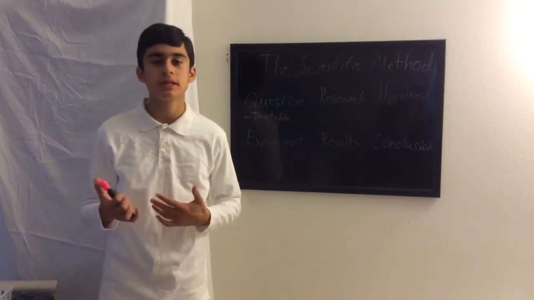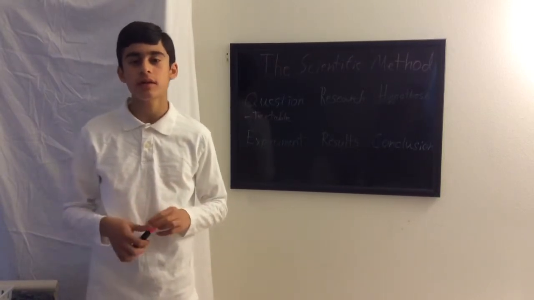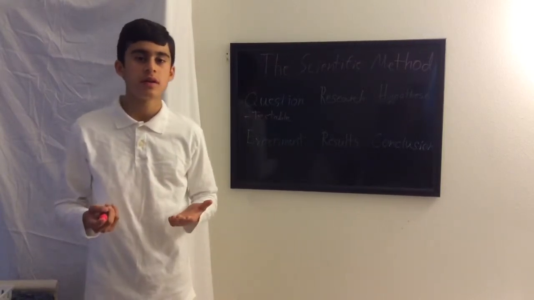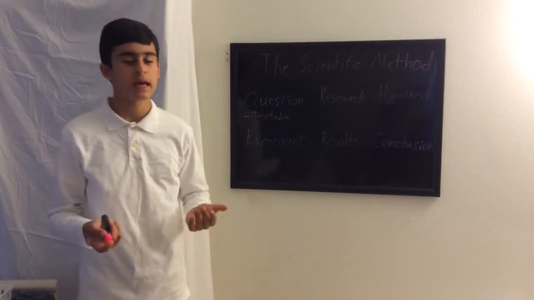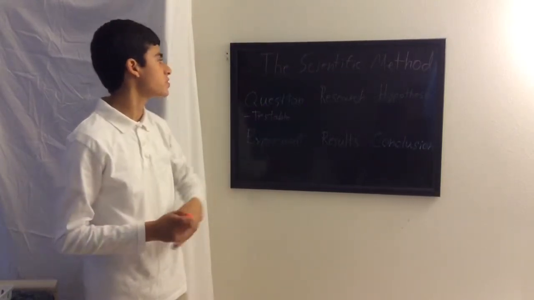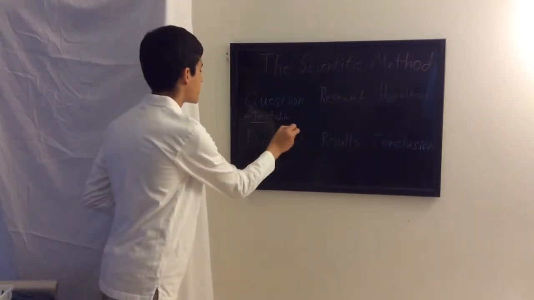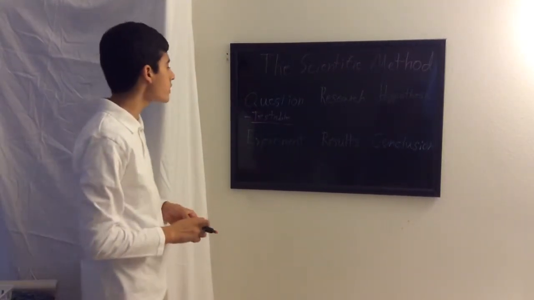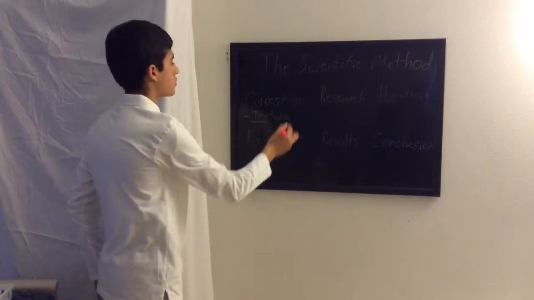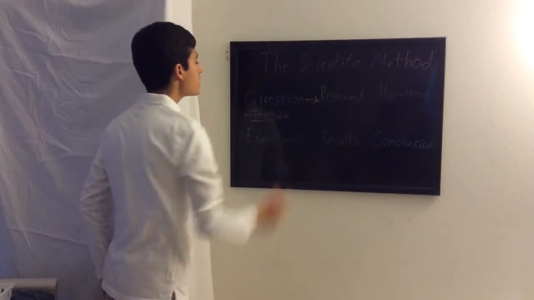The question, what is the most beautiful flower, on the other hand, is not really testable because it's a matter of opinion, and thus it's really beyond the scope of science. So it needs to be a testable question. That's very important. So once you have a testable question, you can move on to the next step.